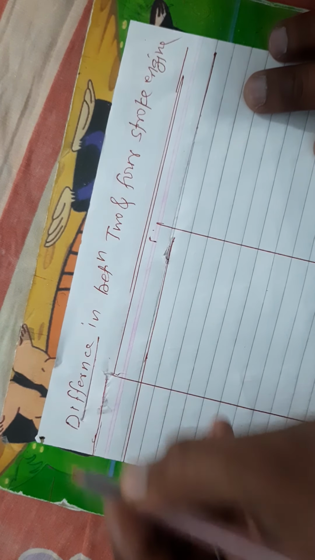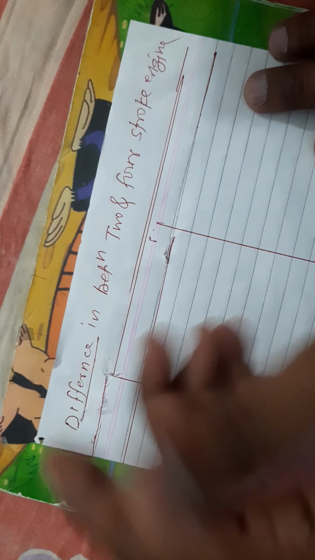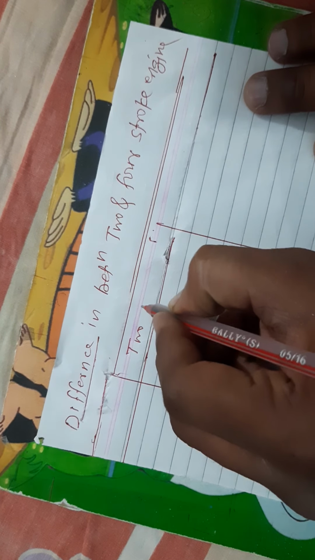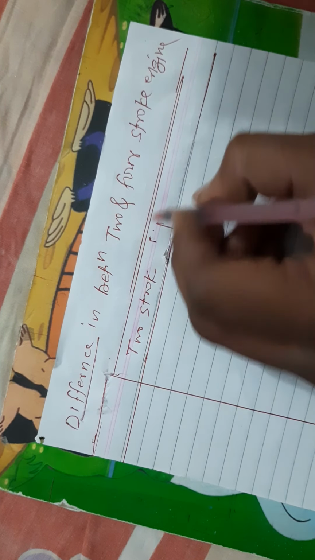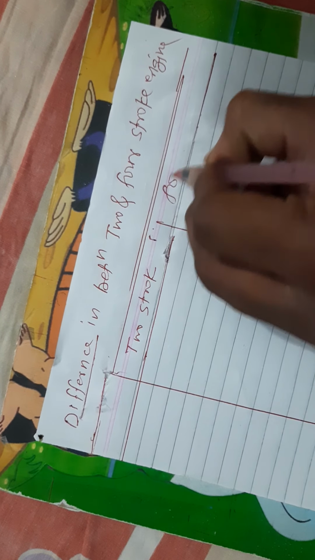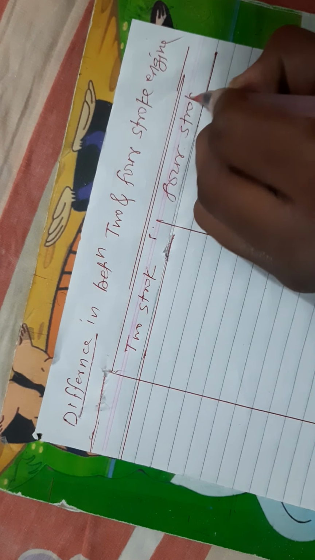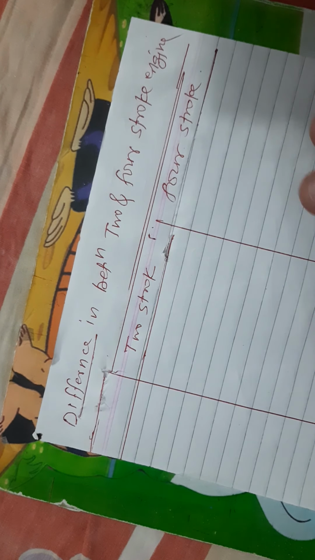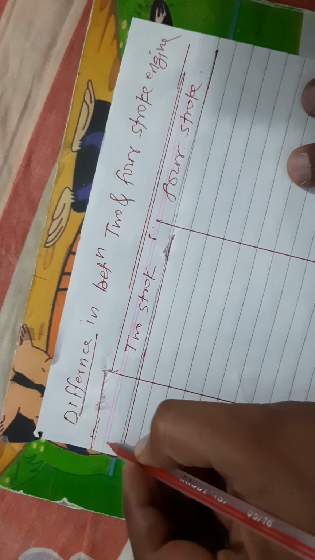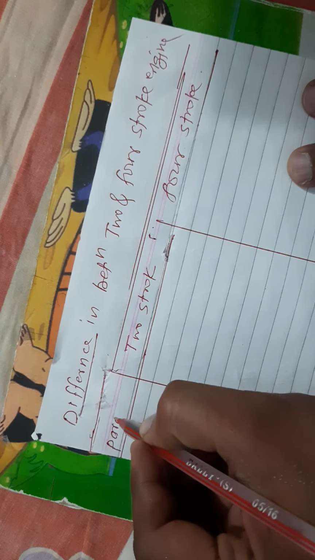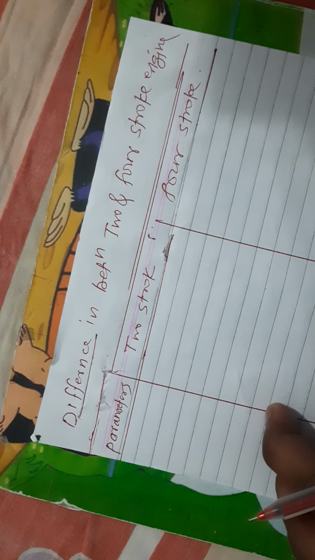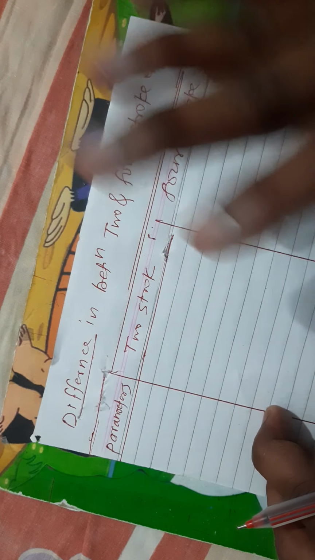So see, this difference between two-stroke engine and four-stroke engine, I made on some basis of parameters. I'm going to write over here parameter. So we have some parameters. On that parameter base we have to discuss this difference.